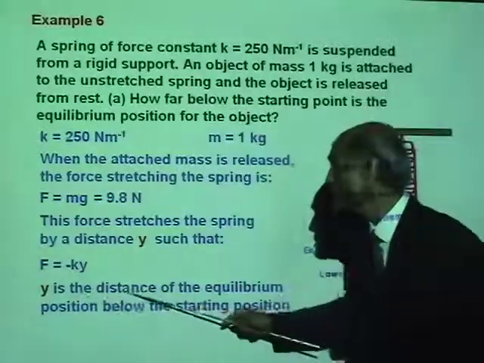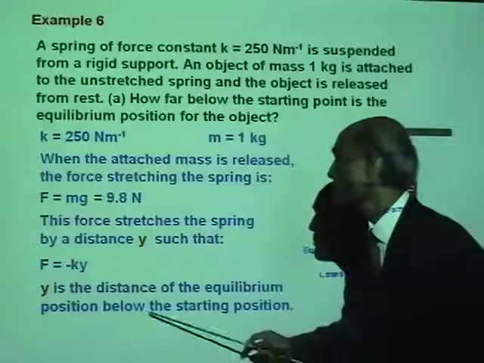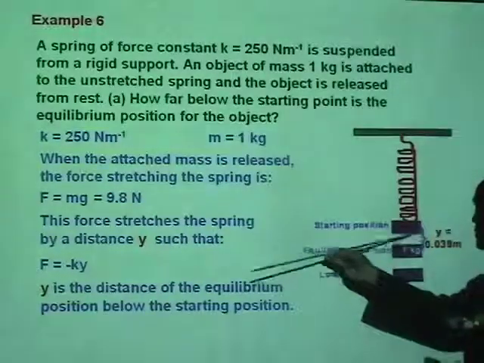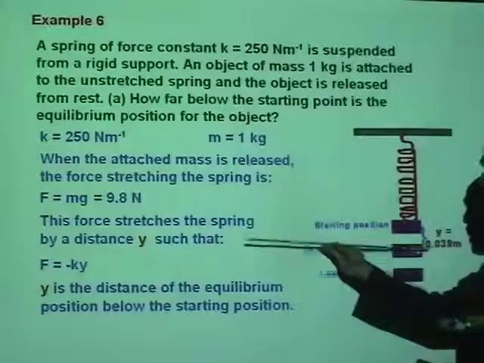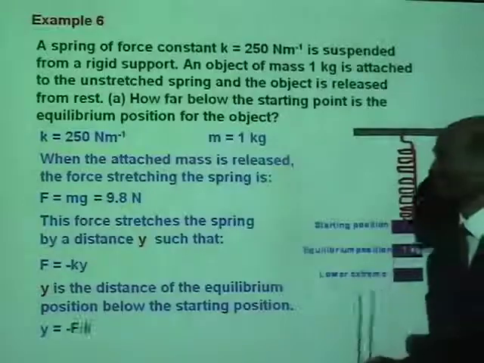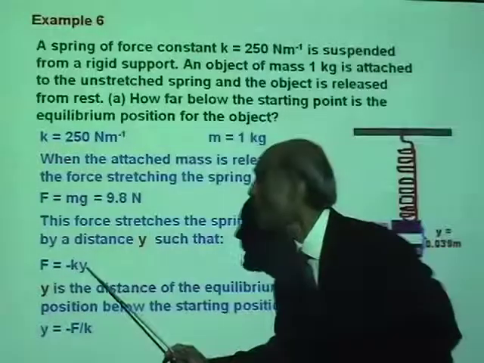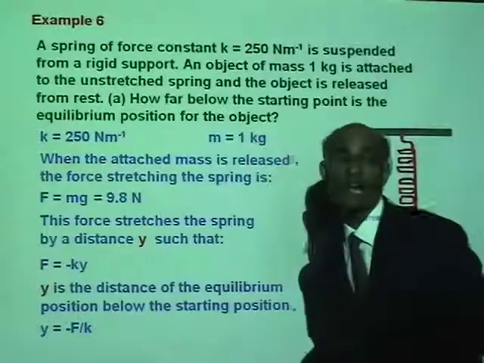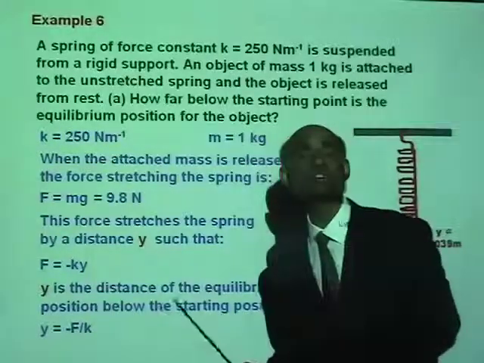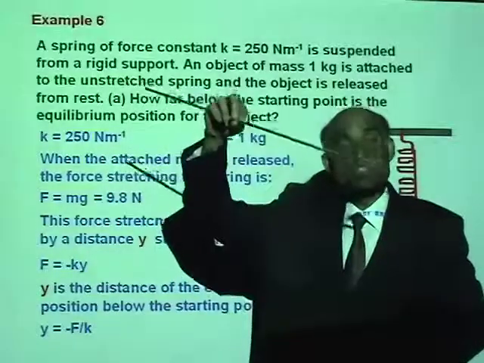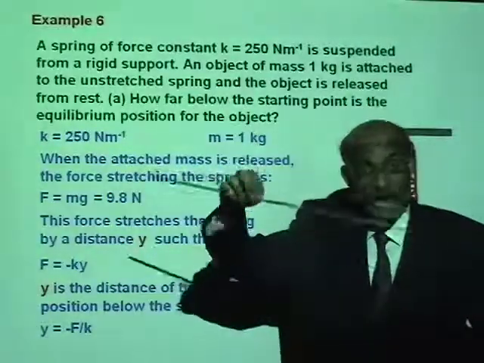So y is the distance of the equilibrium position below the starting position. Therefore, y equal to F divided by negative k. Even if you use the negative sign, it will indicate that the distance is measured downward.